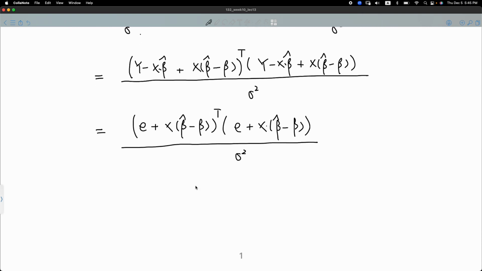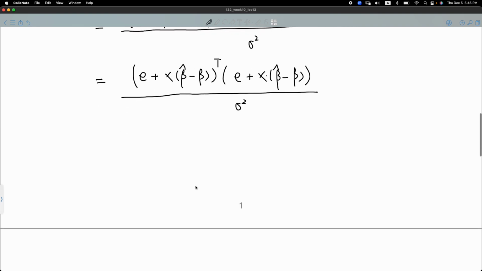So the e and then the X multiplied by the difference between the beta hat and the true beta. And then let's distribute the terms to get the following. So the first one is the e transpose e over sigma squared. And this is something that we saw last time.